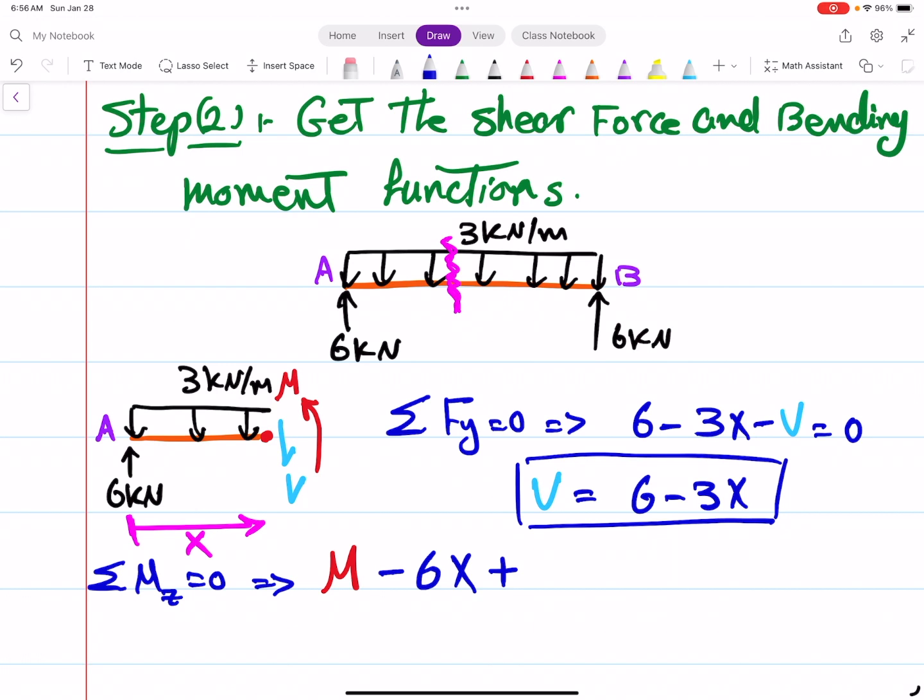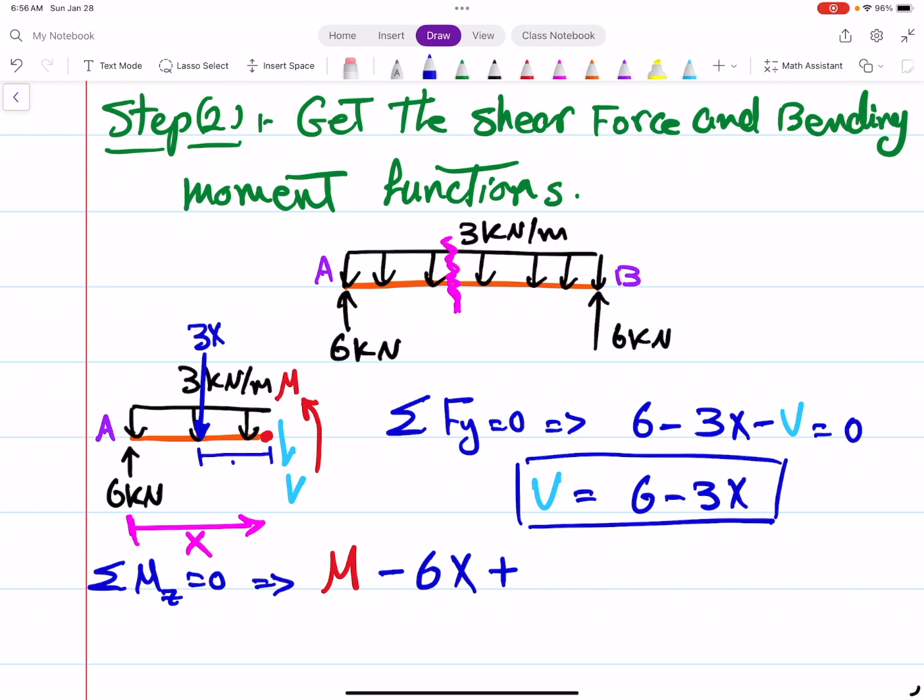We said it is 3x, right? It should be here. This is the 3x, and it is acting in the mid of this distributed load.